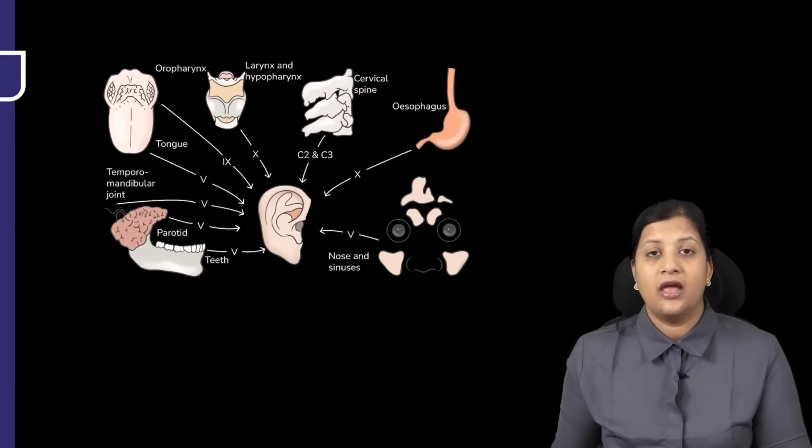Let us see. If you have any lesion in the area of distribution of the trigeminal nerve, for example dental pain or pain at the anterior part of the oral cavity, like the anterior 2/3 of the tongue, or TM joint pain, all these areas are supplied by the trigeminal nerve.